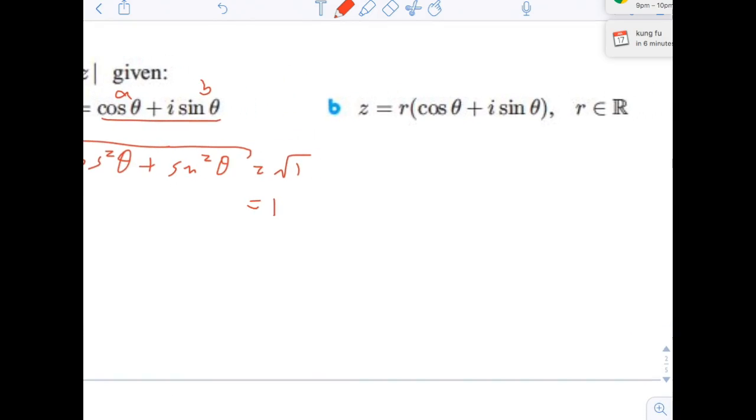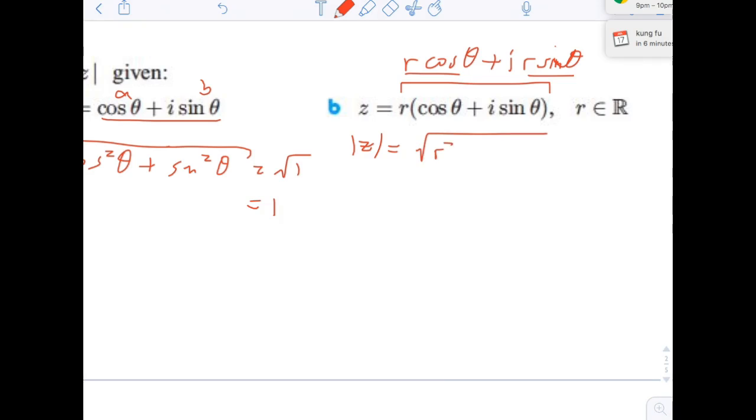What about this one? So if we find the modulus of this Z, probably the best way to do this is to distribute the r. So I have r cosine theta plus I r sine theta. Okay, r cosine theta is my A value, r sine theta is my B value, so I could write the modulus equation as this, right?